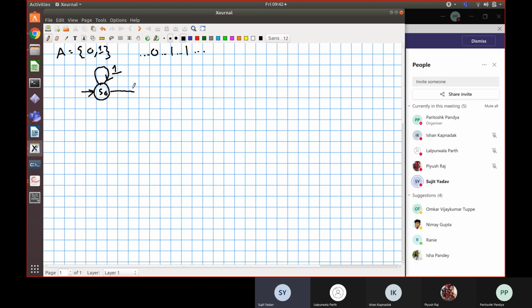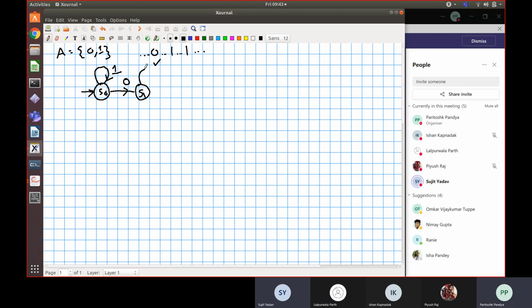Yes. Once we get a 0, we know that this 0 is already found. So this is kind of done. And we then go to a state S1. Now in S1, we are looking for a 1. So what should we skip while we are in S1? What should it skip when it is in S1?